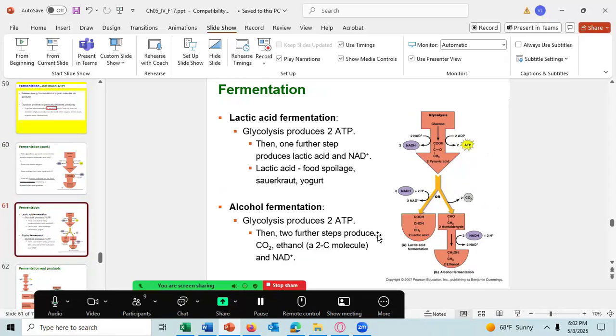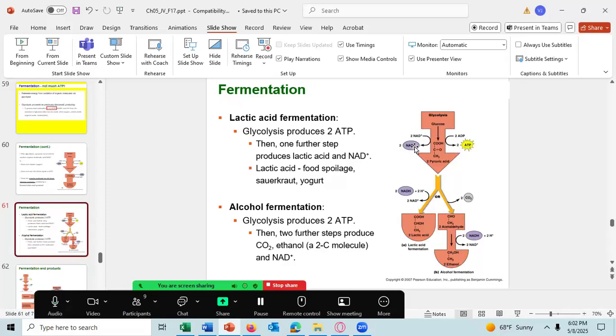There are 2 fermentation reactions we're going to talk about: lactic acid fermentation, where glucose will end up as lactic acid after fermentation. You generate 2 ATP in glycolysis.